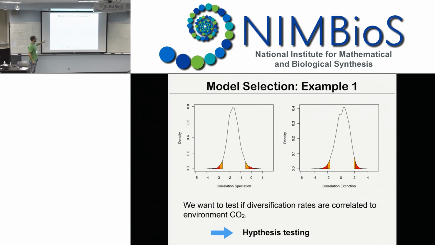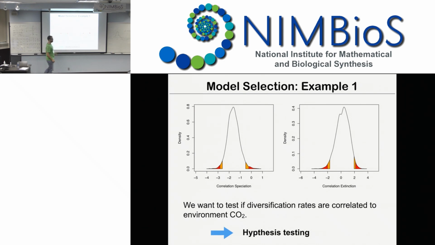An example for model selection or hypothesis testing could be if we want to test for a correlation between speciation and extinction. We estimate the correlation, and here we see that we have a negative correlation, whereas here the correlation is positive.